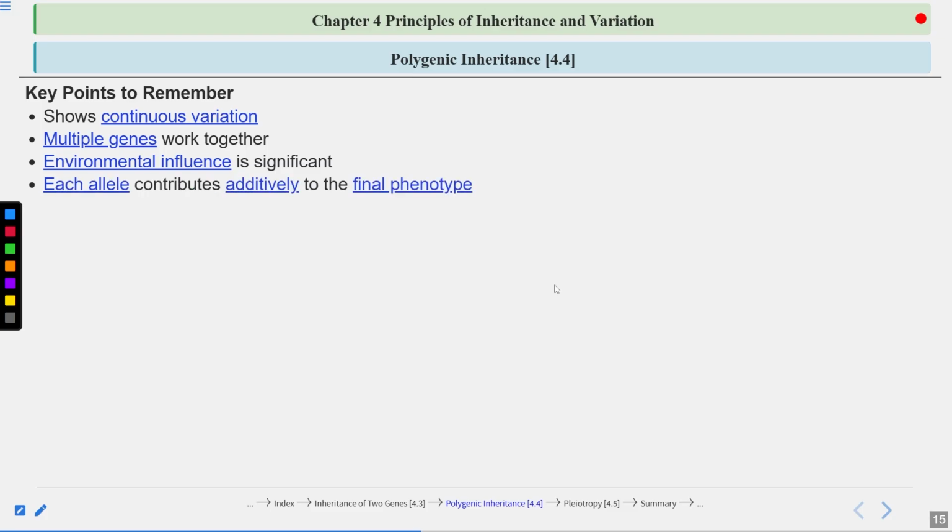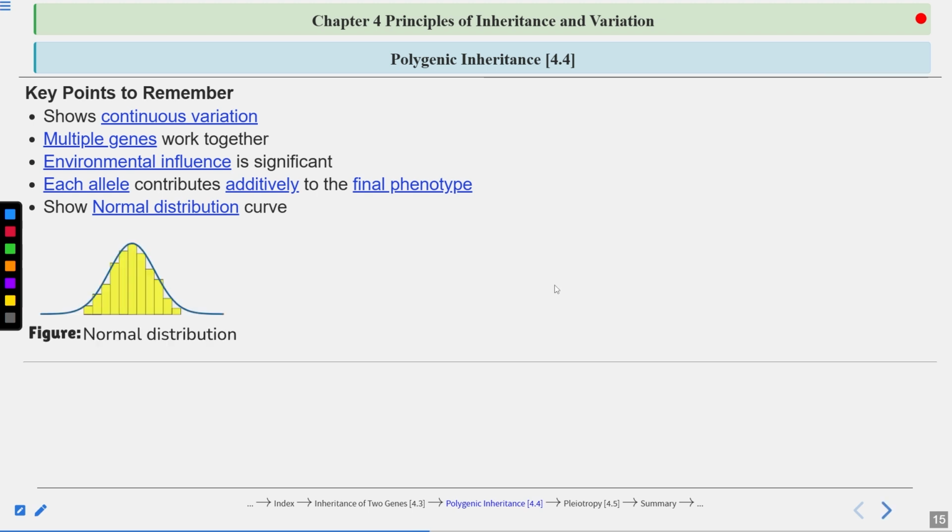Each allele contributes additively to the final phenotype. These polygenic traits also show a normal distribution curve, a bell-shaped curve. This is due to continuous variation, so a range of phenotypes is observed. That's why you get the bell-shaped curve here. You should remember this.